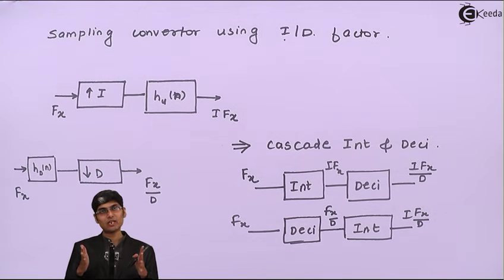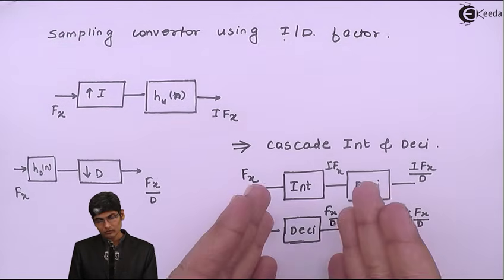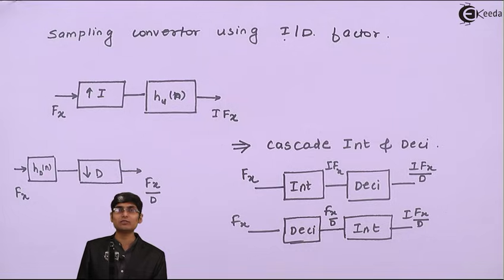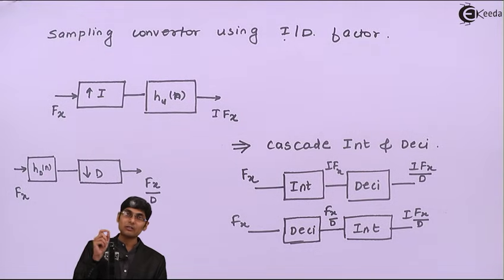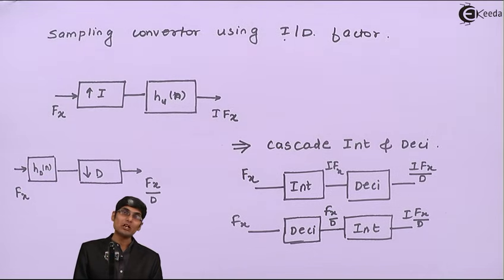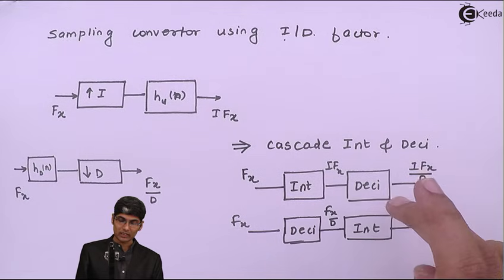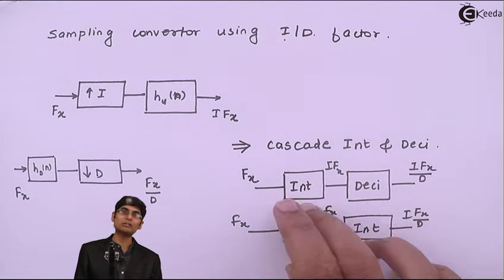So the spectral domain characteristics of the signal are preserved in interpolation, whereas they are not preserved in decimation, because whichever frequencies go above pi over d will be rejected. So the characteristics of x of n will not be preserved in the decimator, but interpolation will preserve them.